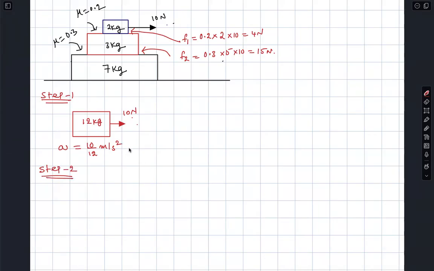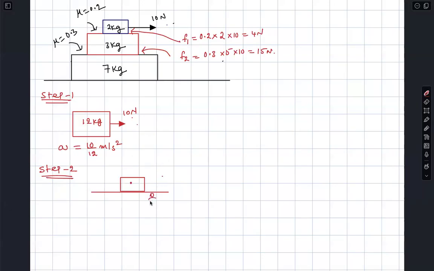Now, I am in this acceleration. I will study the motion of the 2 kg block in the reference frame of these accelerations. 10 by 12 means 5 by 6.